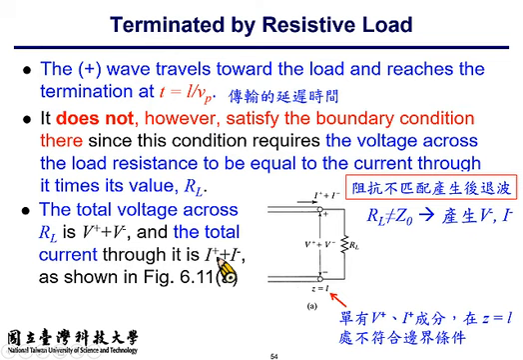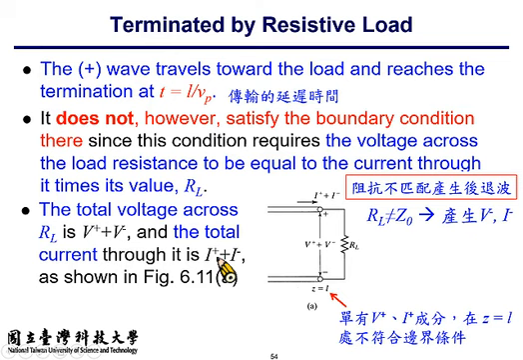Then the overall voltage over current ratio, that is V plus plus V minus divided by I plus plus I minus, should be consistent with the load resistance RL. So you have this RL to write up the relationship between your incident signal, V plus I plus, and your reflected signal, V minus I minus, so that the boundary condition can be satisfied.